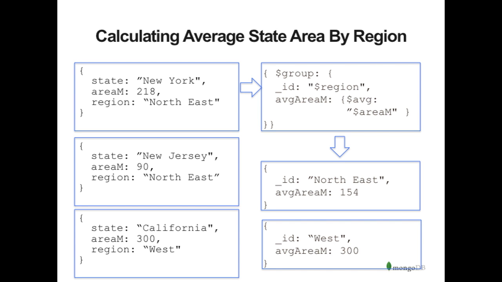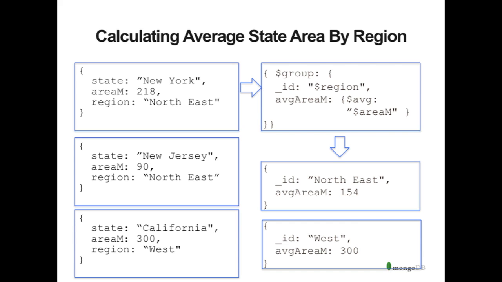So the way this works under the covers is essentially what I have here on the left-hand side is a very simplified version of my census data collection. I have 3 states: New York with an average area in square miles and what region it belongs to, New Jersey, its area and region, and California, its area and region.